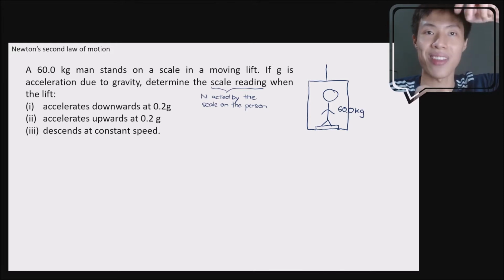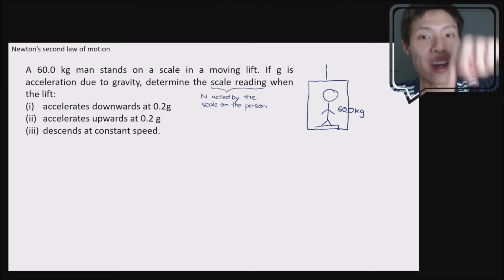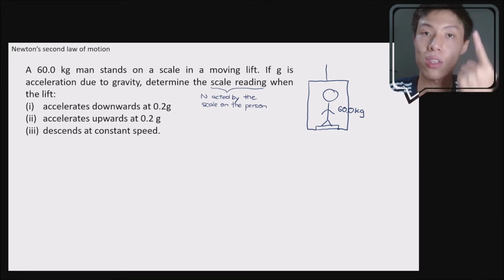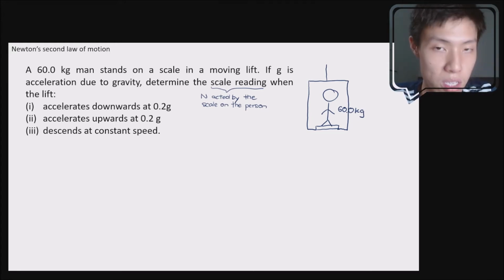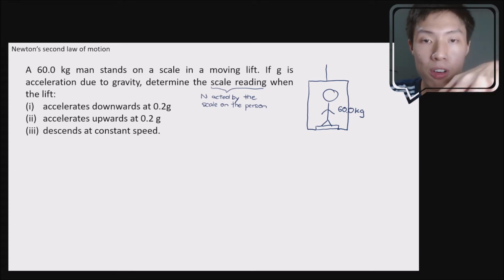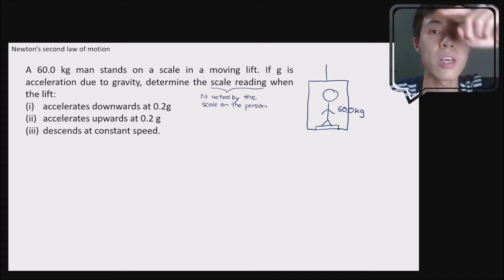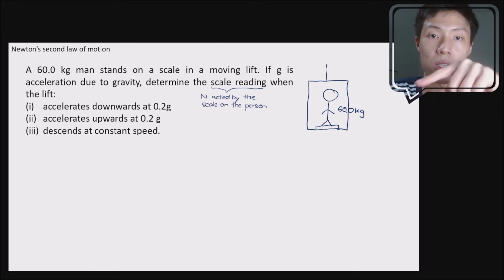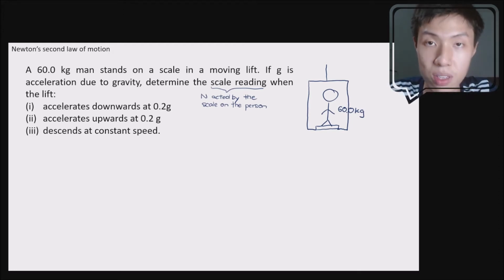That force should have the same magnitude as the normal force acted by the scale on the person, because that's Newton's third law. And that normal force acted by the scale on the person is what should be the reading shown in the scale.